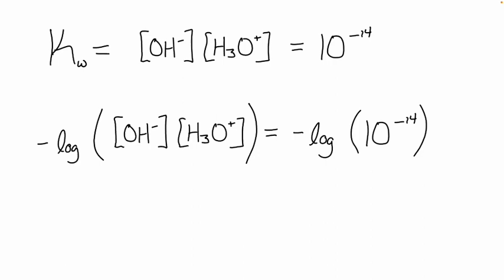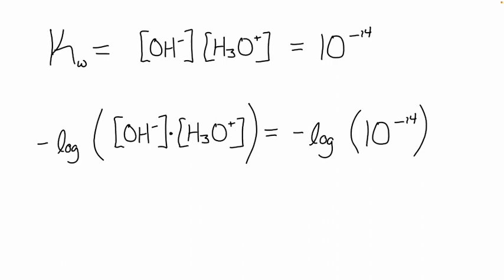If we look on the left side, we have this multiplication problem inside our log. I had a math professor who always said, in the magical world of logarithms, this multiplication will become an addition problem. So what do I mean by that?